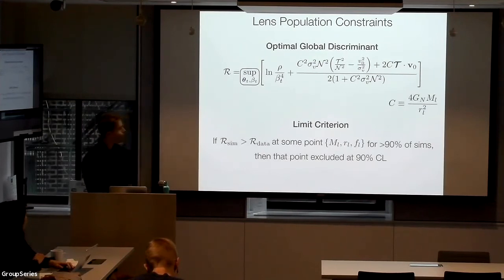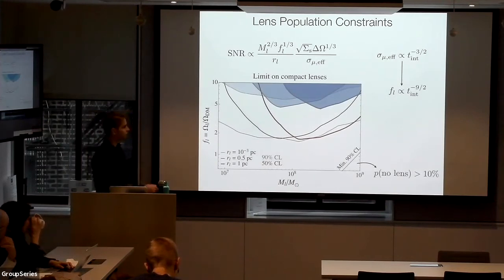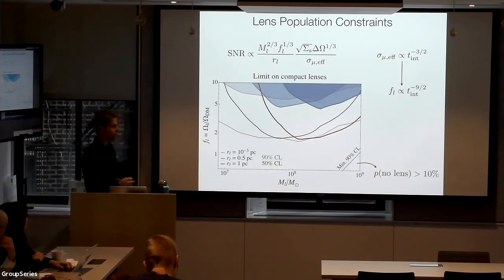Okay, and so this is the limit we arrive at in the end. At the moment, it's not yet a physically very interesting limit. We set a limit at about 5 times the dark matter density along the line of sight to the Large Magellanic Clouds.